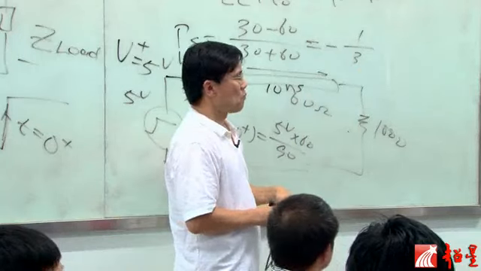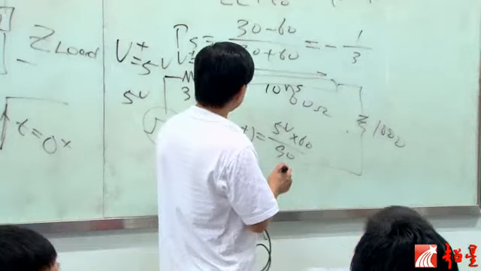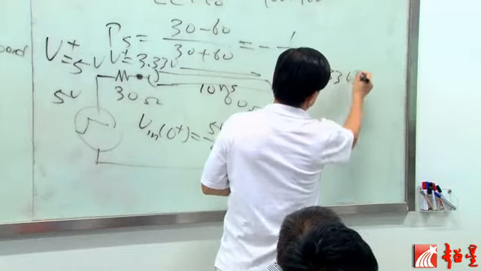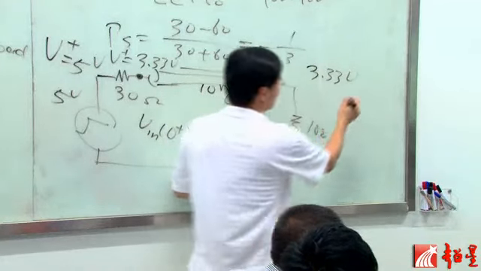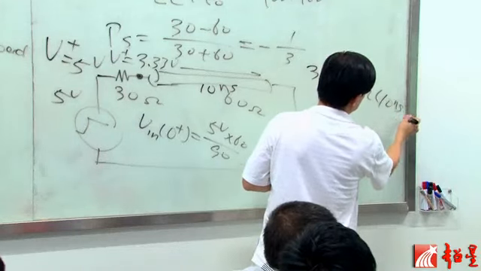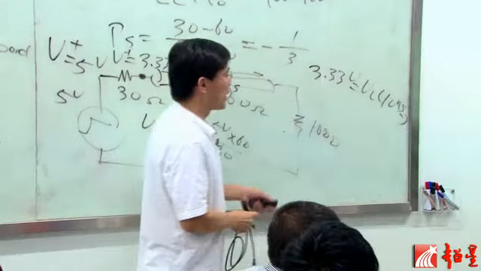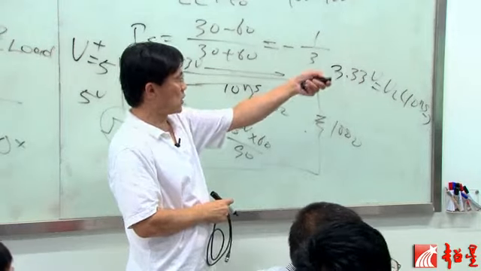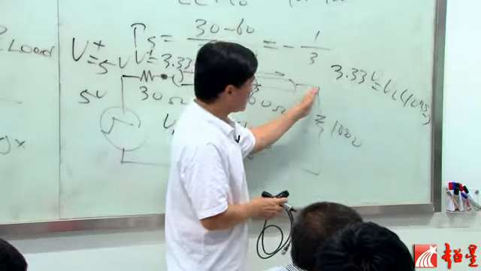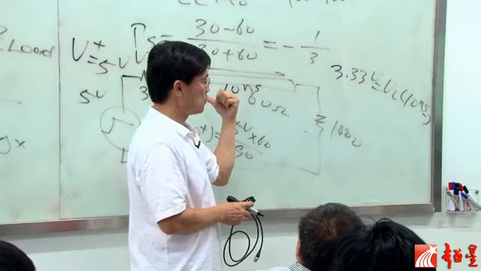So when the wave hit this point, you're going to have 3.3 volts. So this is VL 10 nanoseconds minus. That's VL 10 nanoseconds, that's 3.3 volts. But then you're going to have a reflection, right?